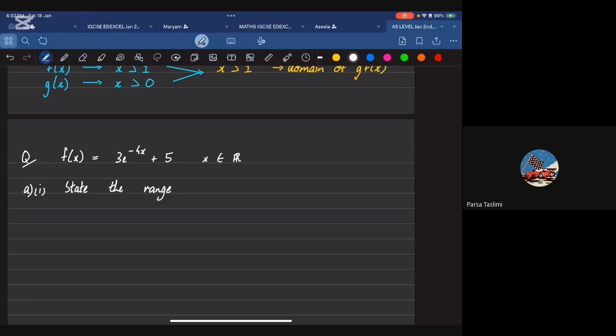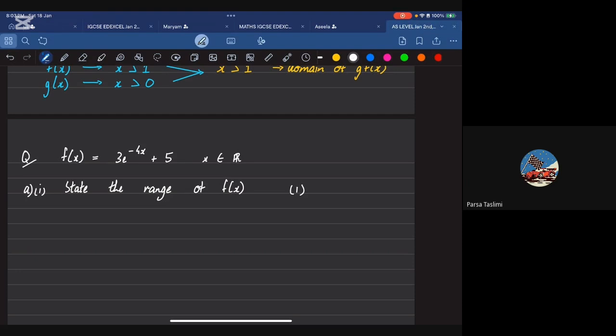Now, if the question says state the range of f of x, and also it is of only 1 mark, this means that no additional working is required. A bit of common sense, and maybe the question is very straightforward or to the point, or it is visible without doing.